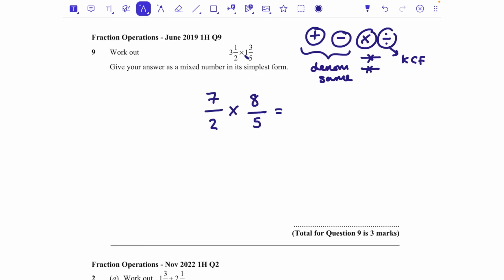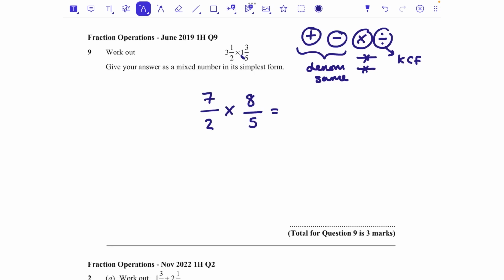So we're going to do the numerator times the numerator and the denominator times the denominator. Don't need to make the denominators the same when you're timesing or dividing. 7 times 8 is 56, and 2 times 5 is 10. How many 10s go into 56? Well, that fits in 5 whole times, remainder 6 over 10. And then 6 over 10 can simplify and be 5 wholes and 3 fifths.